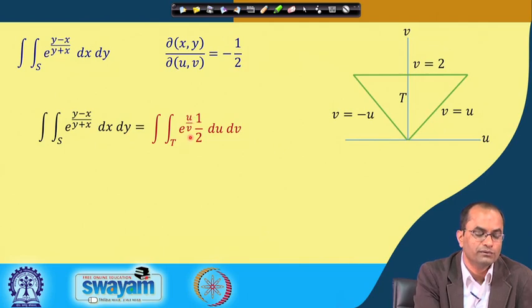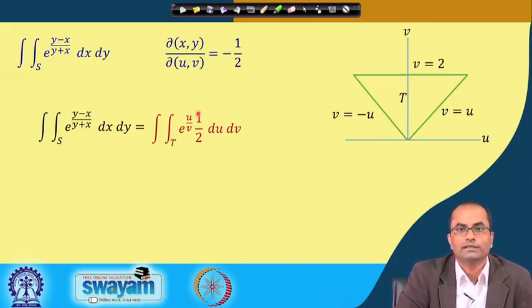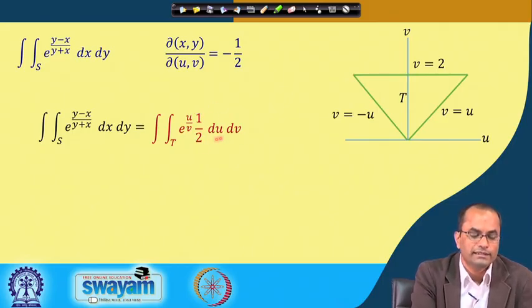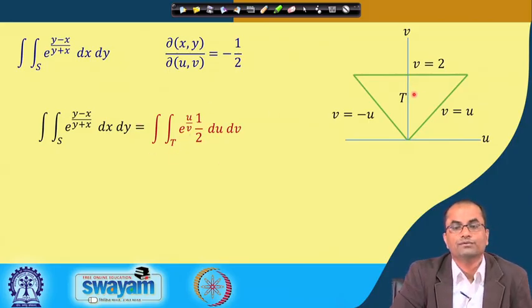So, e power u over v, and this half because of the Jacobian. Again note that this was minus half, but in the integral we will always take the absolute value. So, this is coming as half here, and then du dv, which we want to integrate over this new domain T in terms of u and v.